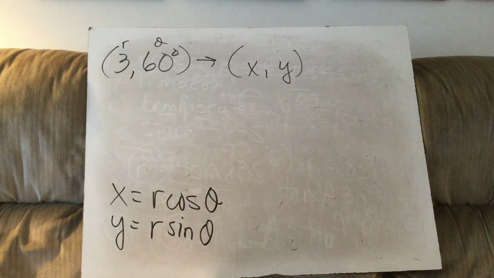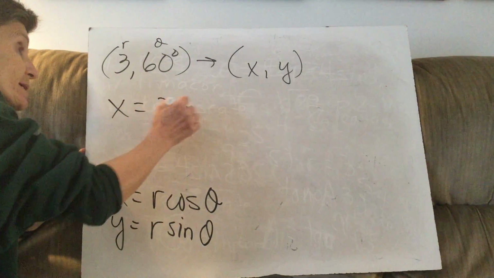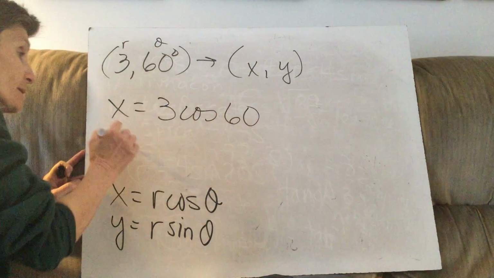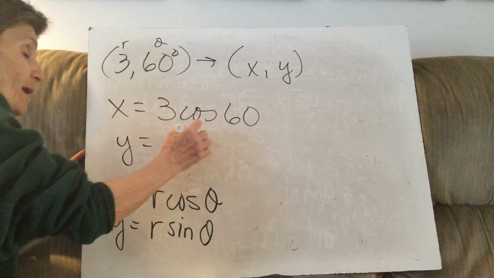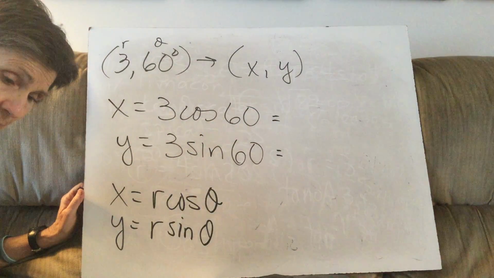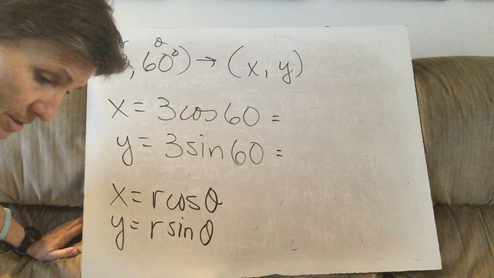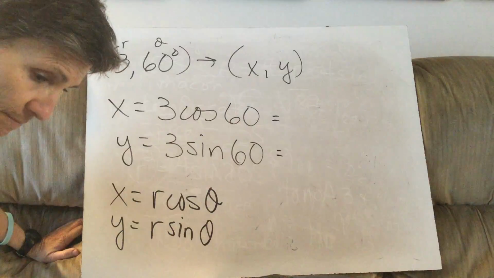So x equals 3 cosine theta, and y equals 3 sine theta. You just type that in on your calculator. 3 cosine 60 and 3 sine 60.